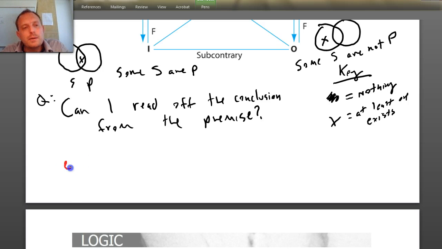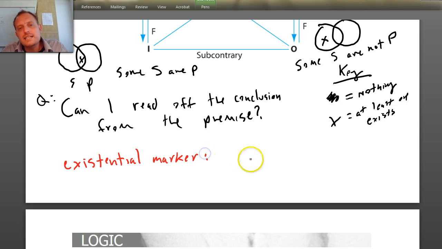And what we're going to introduce here is what I'm going to call the existential marker. Okay. And the existential marker is simple. It's an X with a circle around it. I guess it's sort of the X-Men symbol, actually. But now, strictly speaking, this X here is also an existential marker. Because remember, an X means at least one exists, right?